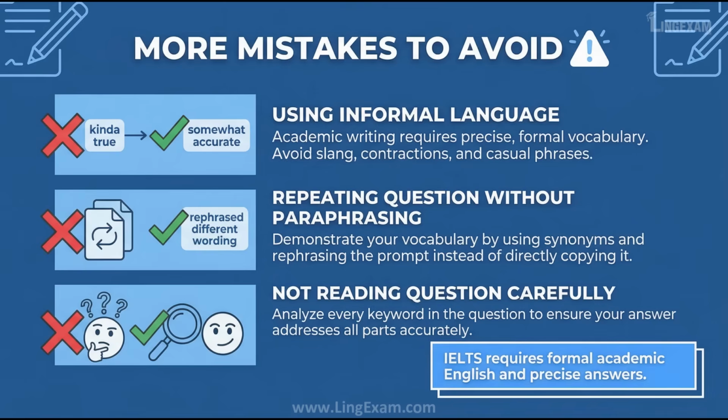Some students also use informal language, writing phrases like, "I think it's kinda true," or "lots of people do this stuff." Remember, IELTS Writing Task 2 requires formal academic English. Finally, some students repeat the question too closely in their introduction without properly paraphrasing. This doesn't demonstrate vocabulary range and can hurt your lexical resource score.